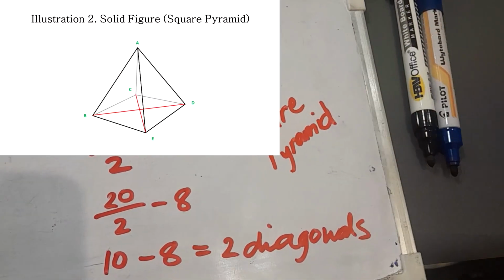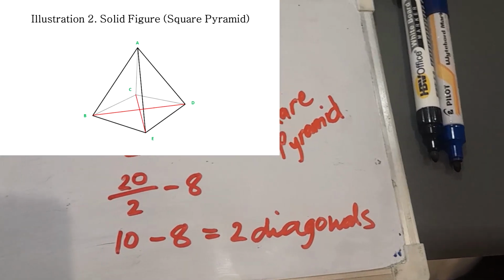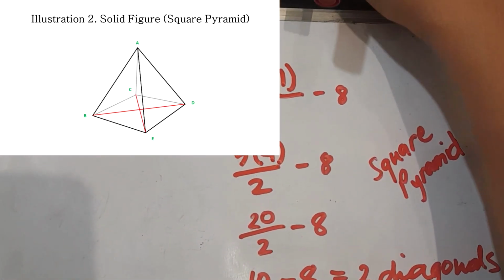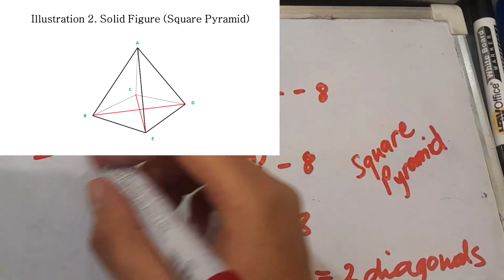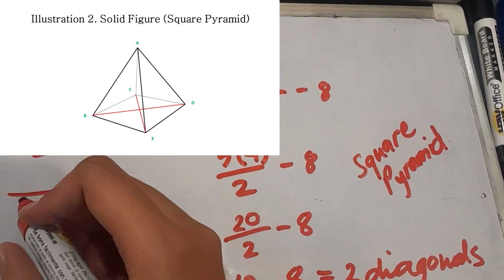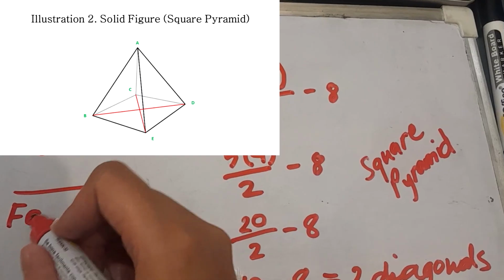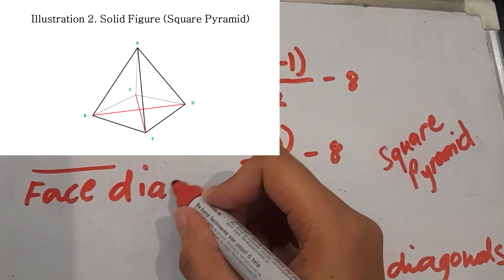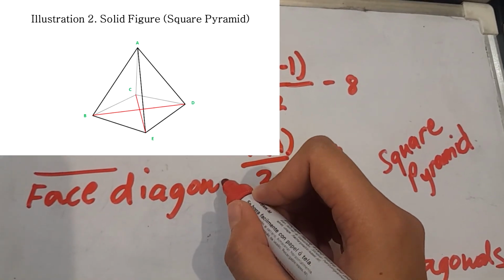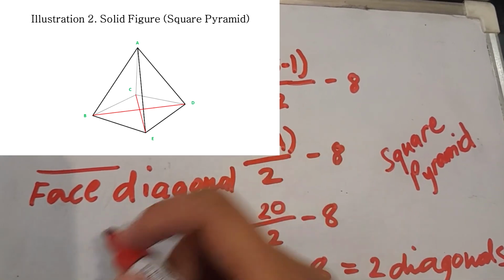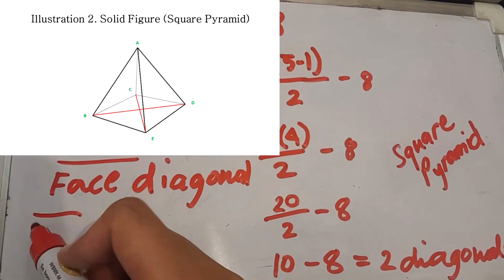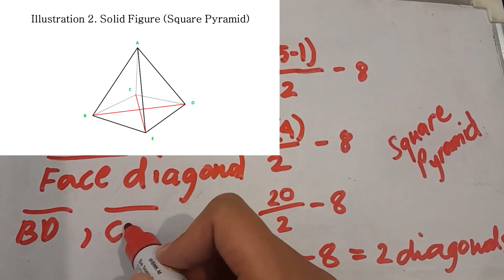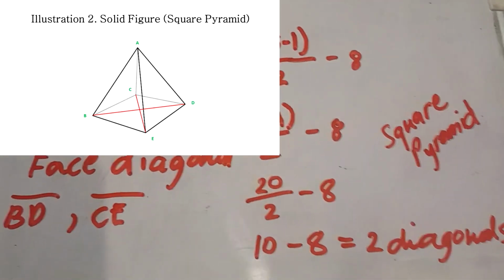So let's prove it in the illustration in the next slide. So there is only face diagonal. So those are line segment BD and the line segment CE.